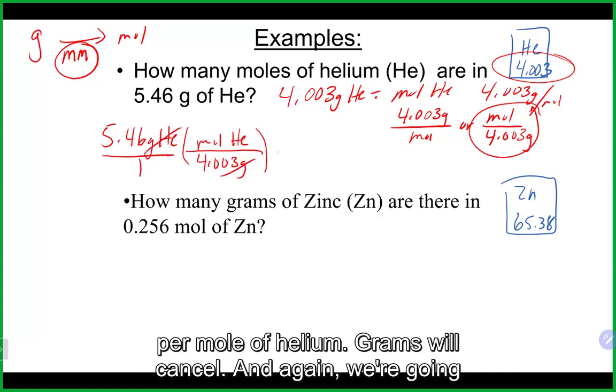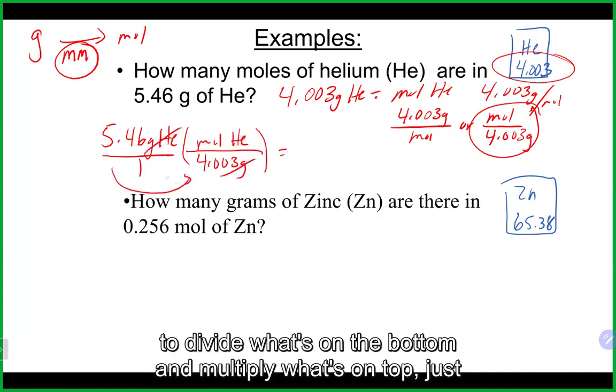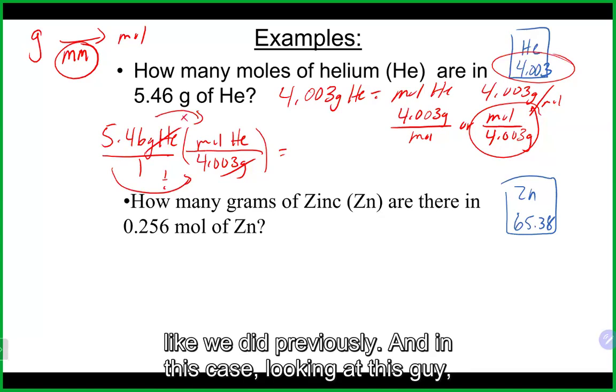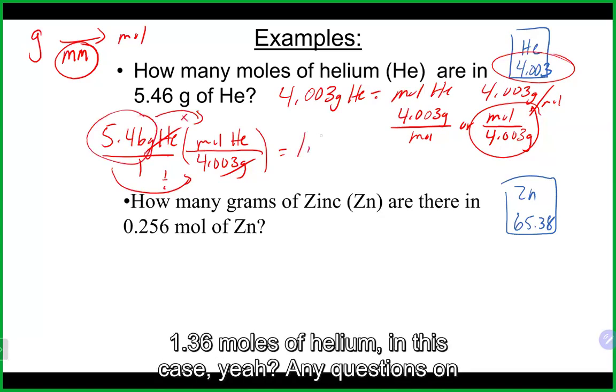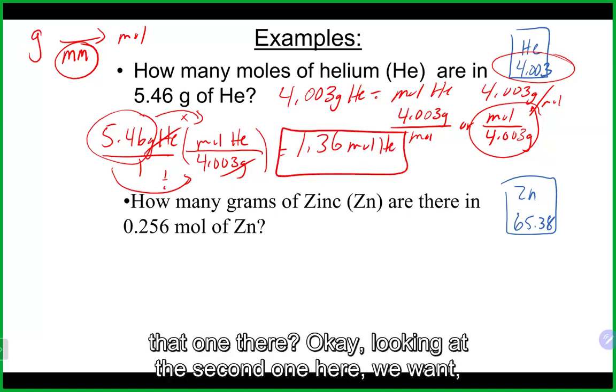Grams will cancel. And again, we're going to divide what's on the bottom and multiply what's on top, just like we did previously. And in this case, we get 1.36 moles of helium. Any questions on that one there?